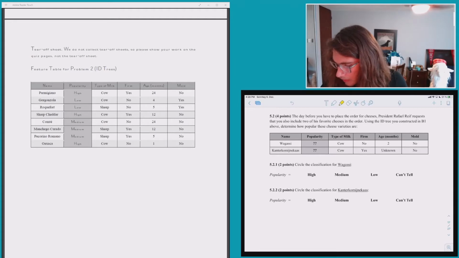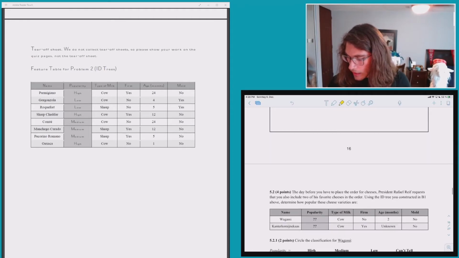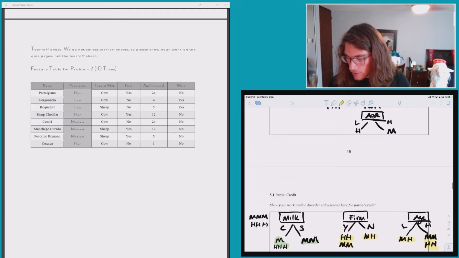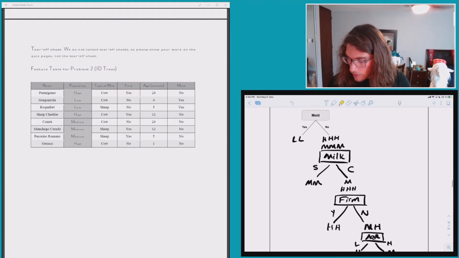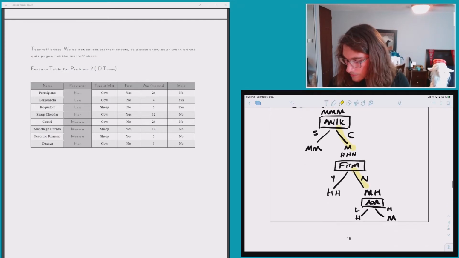So it's cow milk, it's not firm, and it doesn't have mold. Cow milk, not firm, low age. That's high.